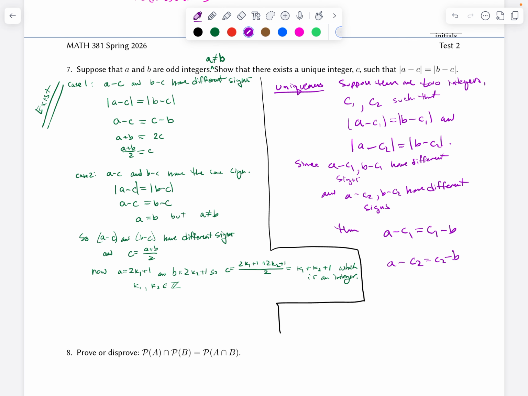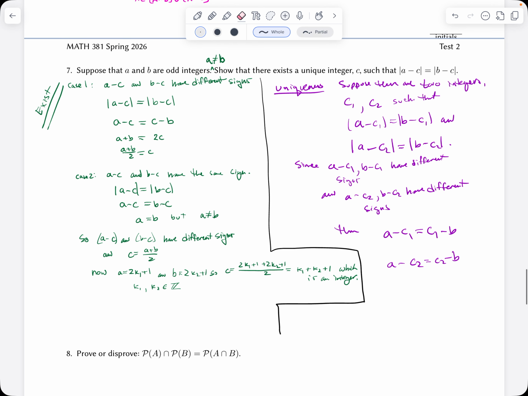So a plus b is equal to 2c1, and a plus b is equal to 2c2. So 2c1 is 2c2, and c1 equals c2.